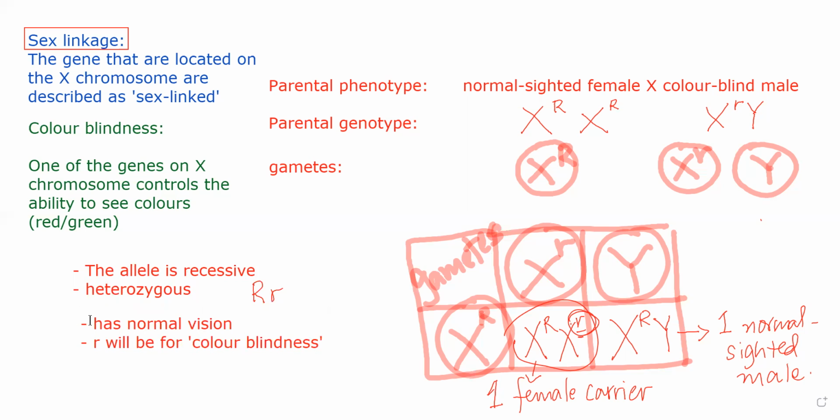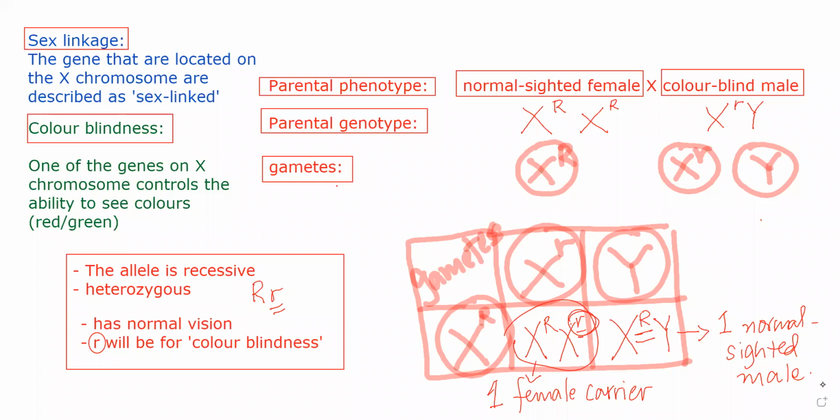So unless males carry this small r, they will not be color blind. Understand? Because this is the allele which is for color blindness.